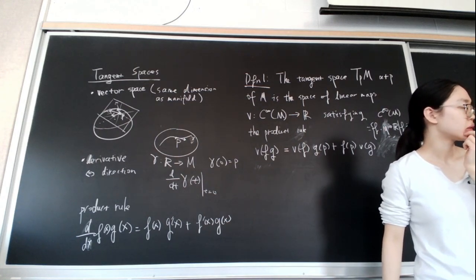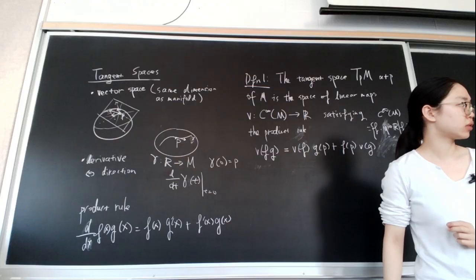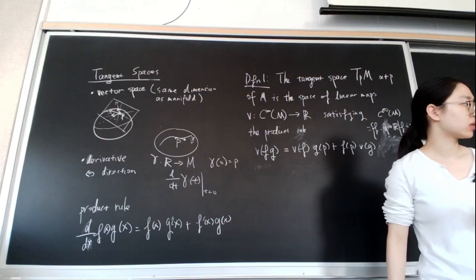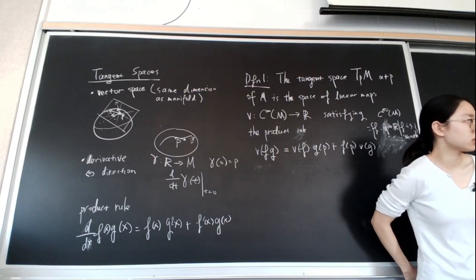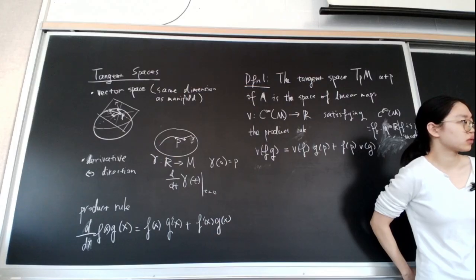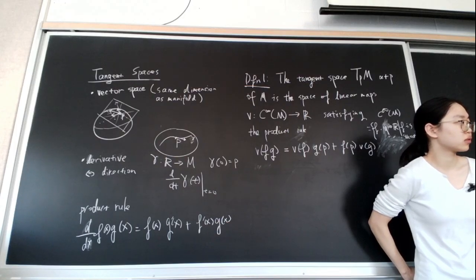V will be a directional derivative in some direction. It's the sum. But that's the point: if I take a derivative in x and add it to a derivative in y, that's the same as taking a derivative in the direction (1, 1).